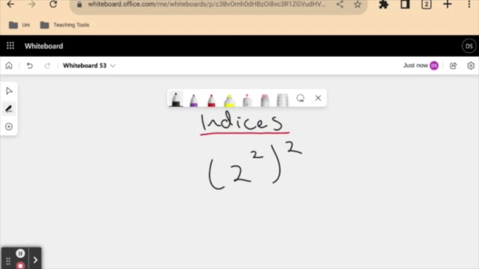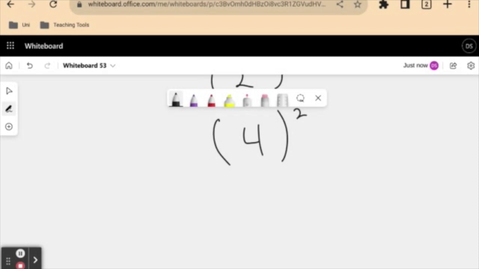Well, I'm going to simplify what's in this bracket first. And what's 2 squared? Well, that's just 2 times 2. So I'm going to get 4 all squared. Now, what's 4 all squared? That's just 4 times 4. So this thing equals 4 times 4, which equals 16.